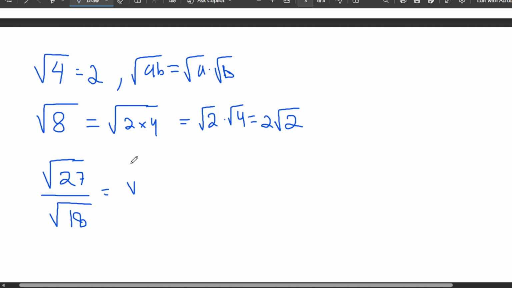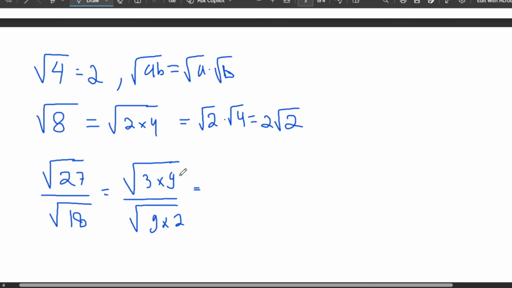Okay, we convert this. So what times what equals 27? 3 times 9, right? Divided by, and then the square root of what times what equals 18, which is 9 times 2.